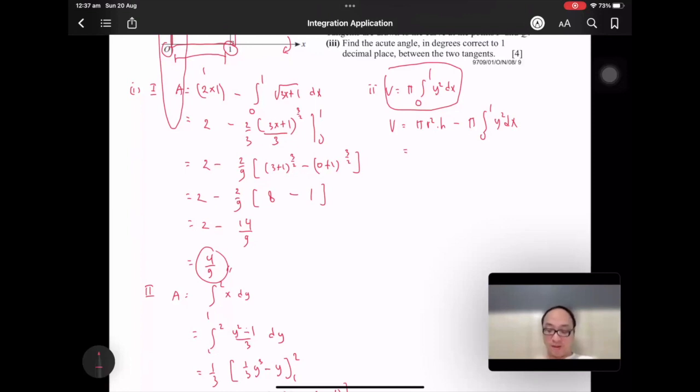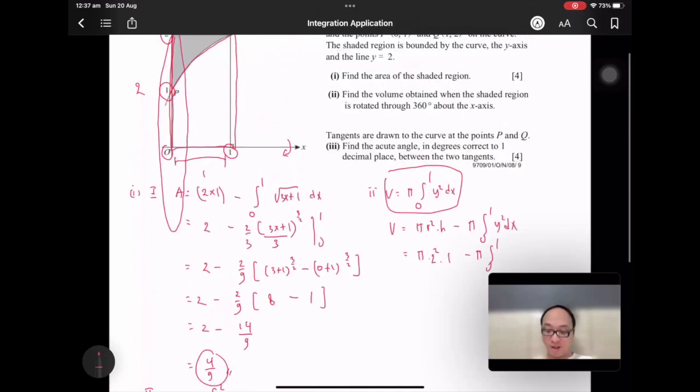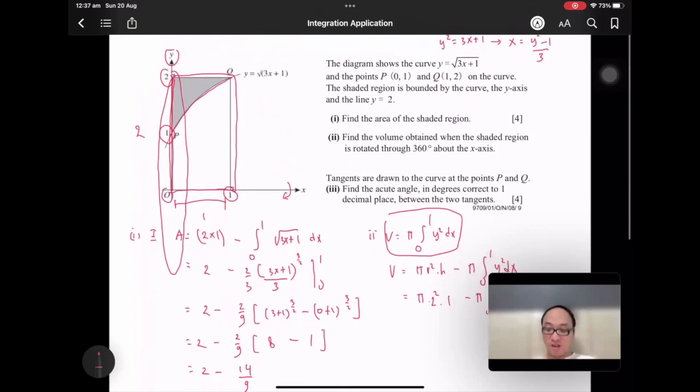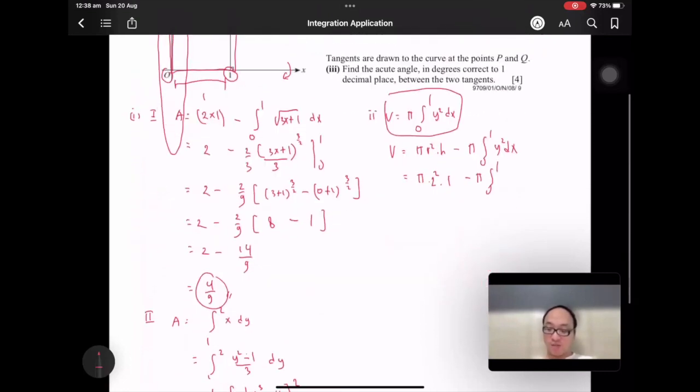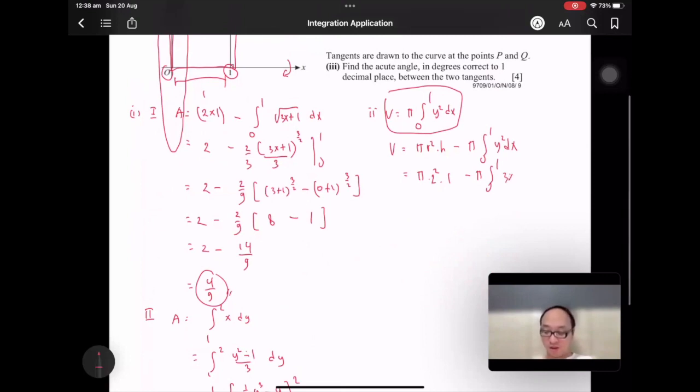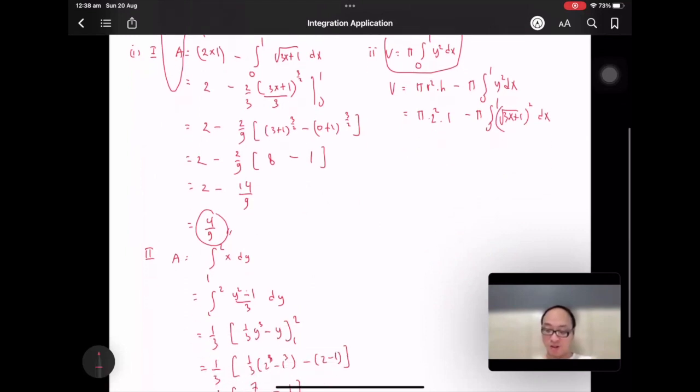So that means in here, pi 2 squared times height minus pi integral 0, 1, y is square root of 3x plus 1, but squared, dx. So I can remove the square root.